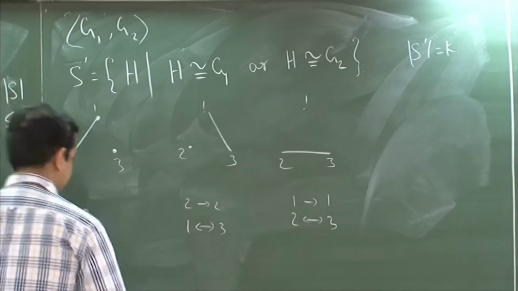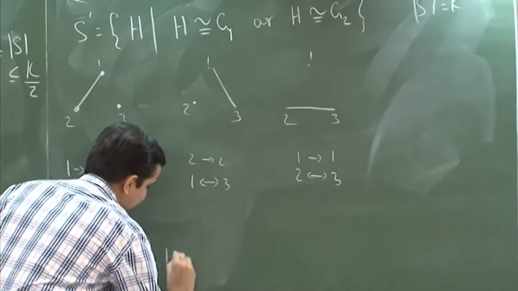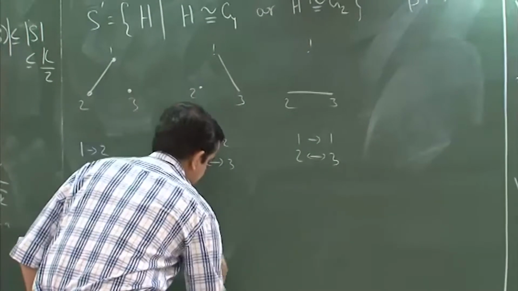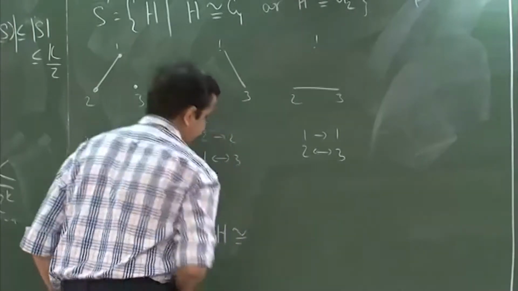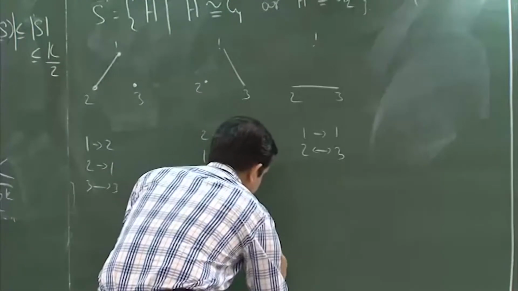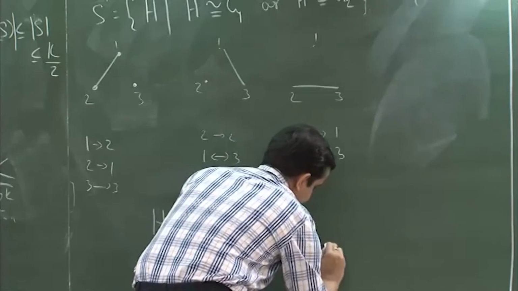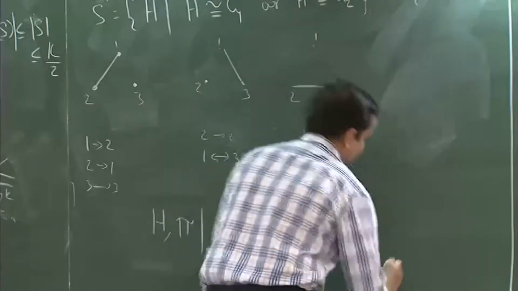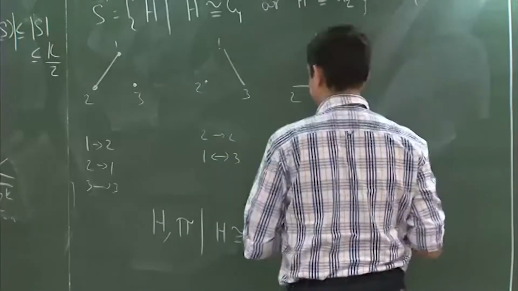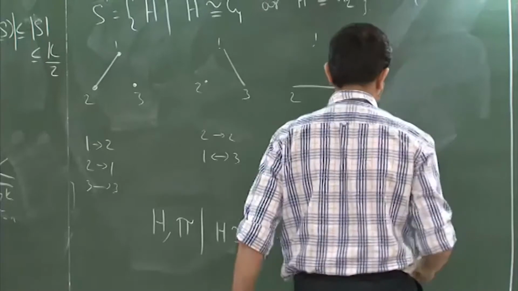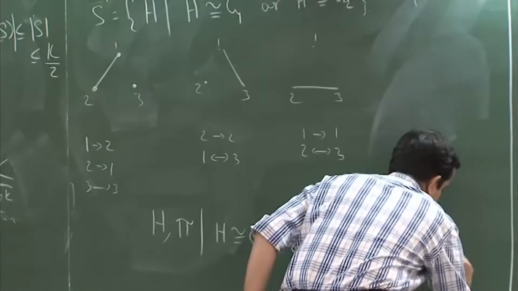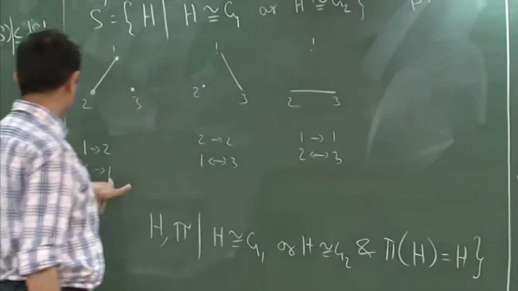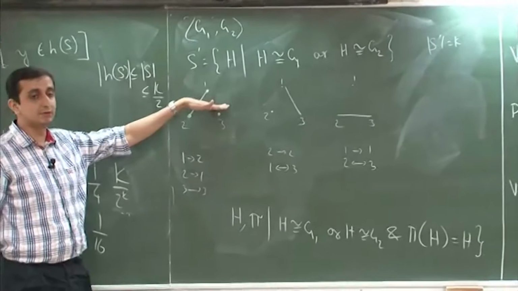So, together with H, if I also consider all permutations pi such that H is either isomorphic to G1 or H is isomorphic to G2, and pi is an automorphism on H, so pi of H exactly gives the graph H. For example, here if you apply this automorphism, it will exactly give you the same graph.